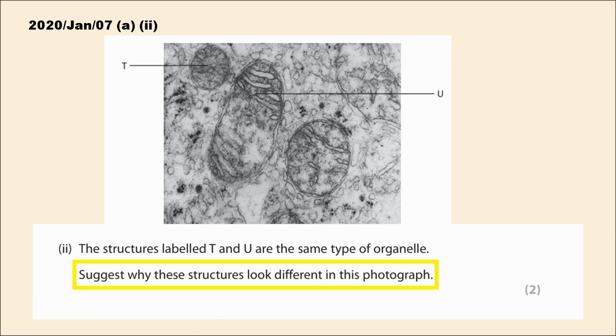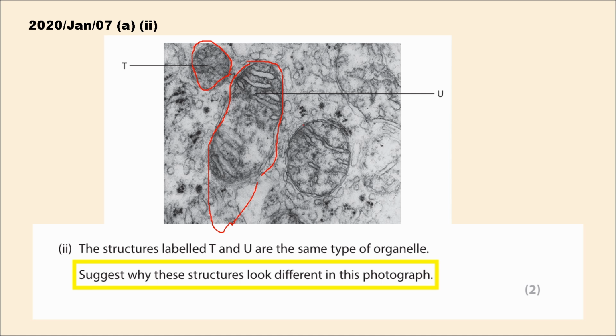Normally we know mitochondria are rod shaped, or have the shape of sausages. So you have that shape, but T has a circular shape. Please remember that cells in a real scenario are spherical, so they have 3D structures. When they are viewed, they could be seen from different angles. One can be in transverse and another can be in longitudinal section.